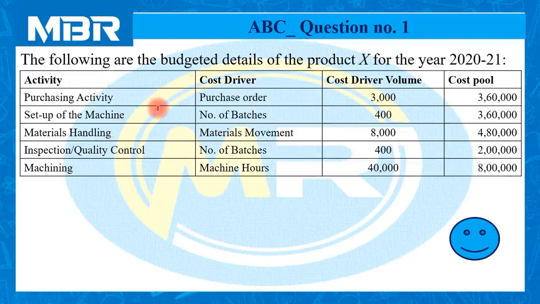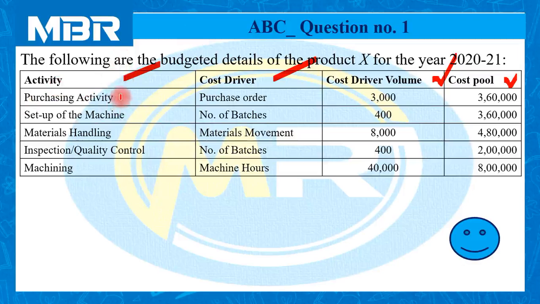For the purpose of better understanding all four terms used over here: activity, cost driver, volume, and cost pool, it is necessary for all of you to have a basic idea of all four terminologies. Let me explain these things again.